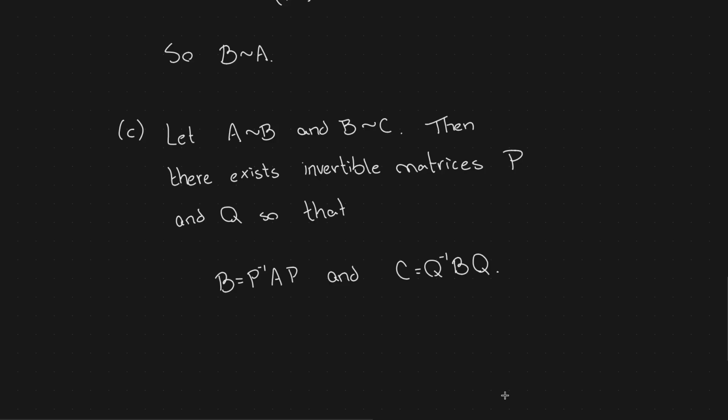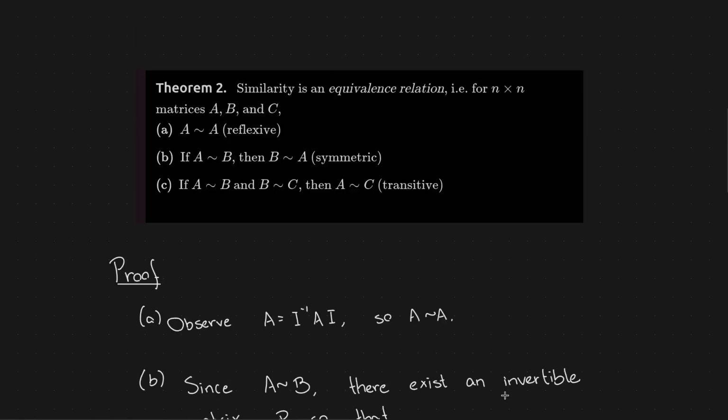Right? Now, what I want to show is that A is similar to C. So let's see, I've used P and Q, let's use letter R. That means I want to show C is equal to some matrix R inverse AR. Okay, that's my goal.